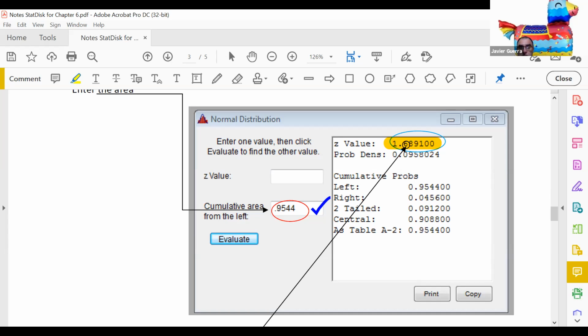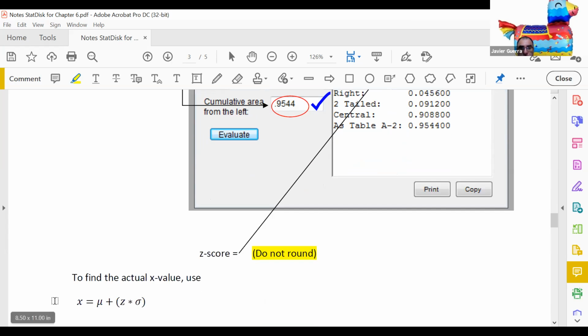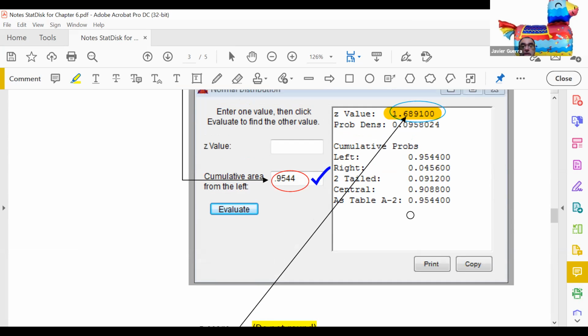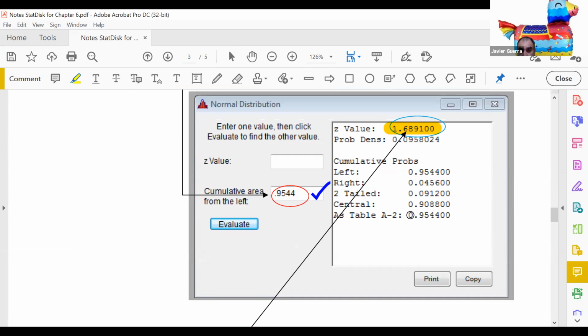We'll have to do something more on 6.2. We're going to use that formula, but right now we're just going to find that number, and that's it. All right, so I'm going to let you look at that first, and then we'll do a couple of examples.